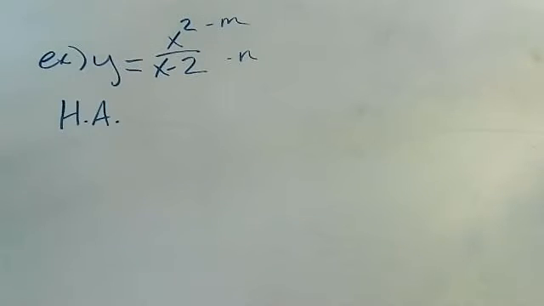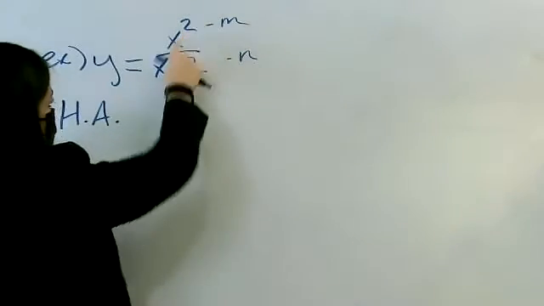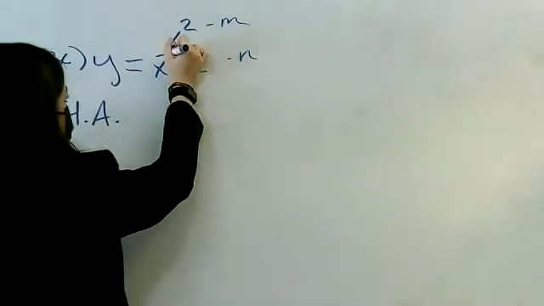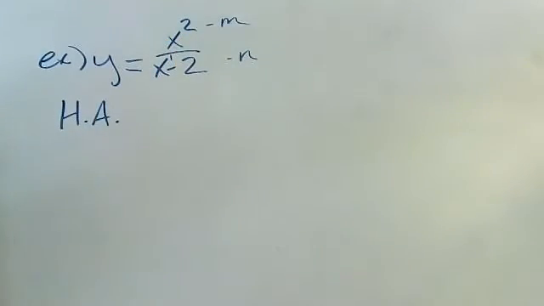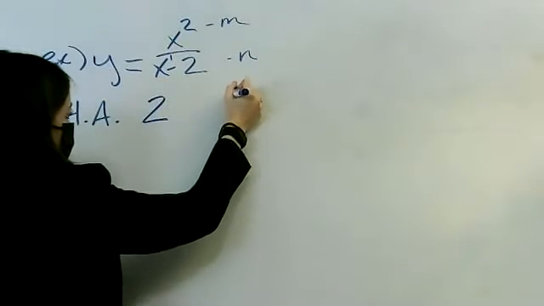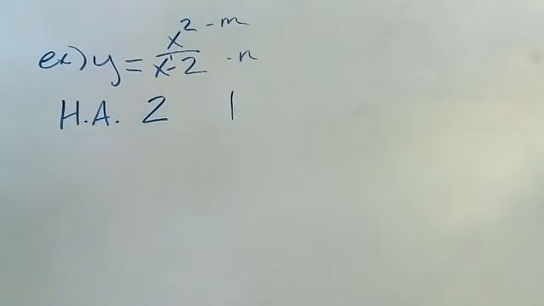All right, so m is the exponent in your numerator, right? So that is 2. And then what's the exponent in my denominator? Yeah, if there's nothing written there, it's technically 1. Okay, so let's compare 2 and 1. 2 is my numerator, 1 is my denominator.